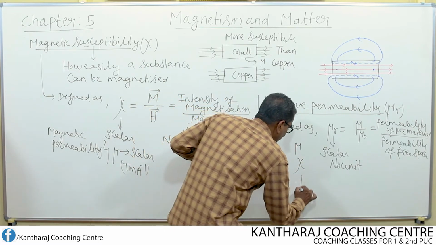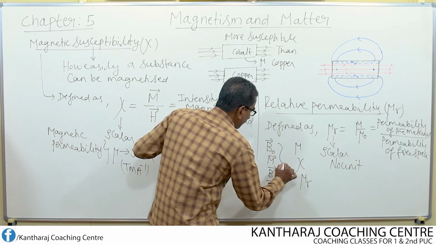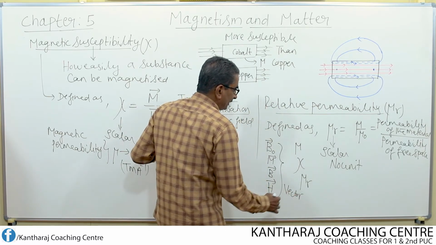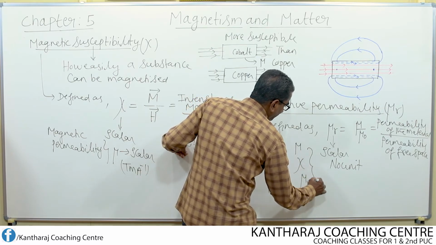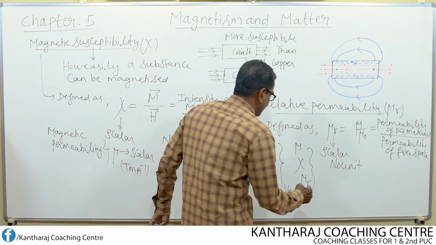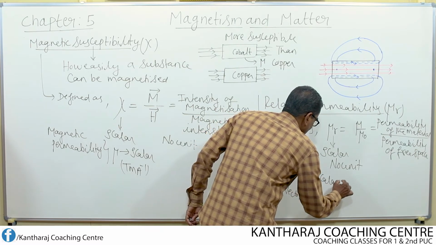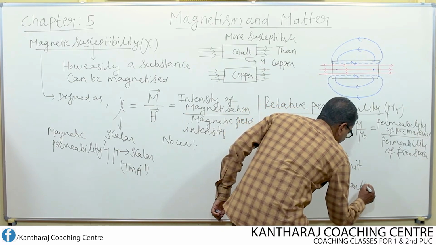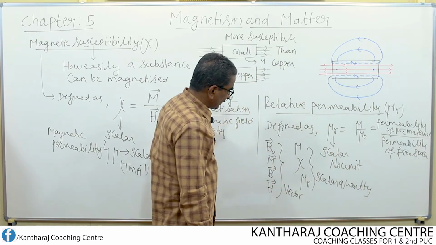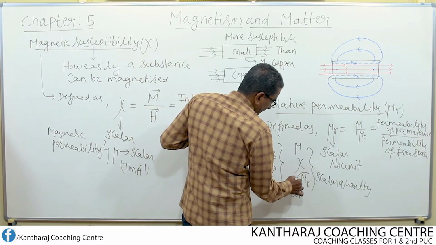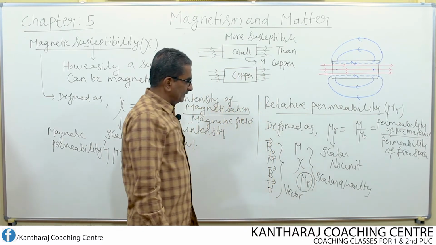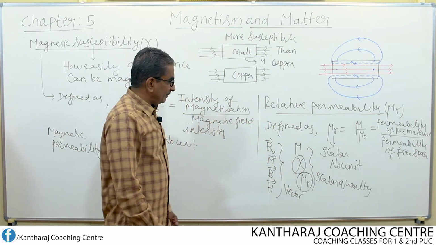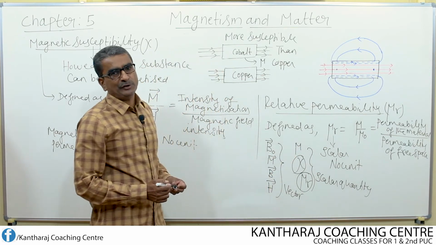Finally, the relative permeability. Of all these quantities, mu r and susceptibility have no unit, whereas all the other terms possess an SI unit.